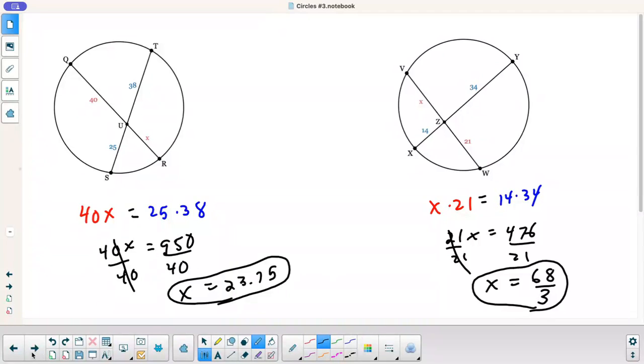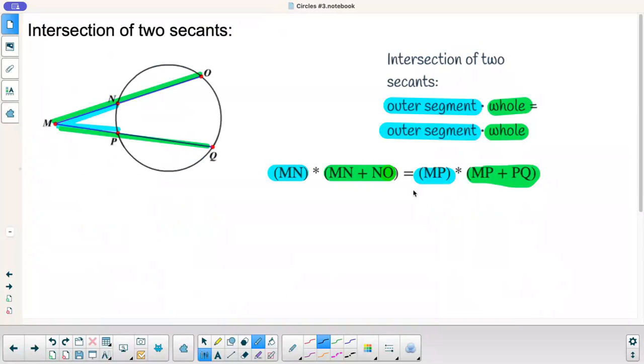All right. Pretty easy when you have two chords intersecting. Part times part equals part times part. All right, so two secants now. Basically it's going to be outer segment times the whole segment equals outer segment times the whole segment.